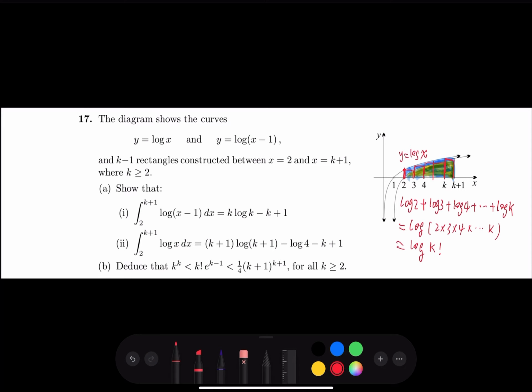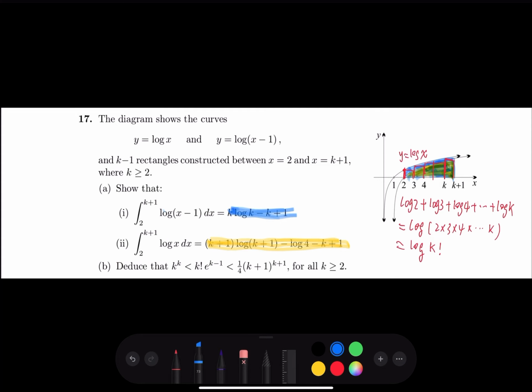I'm going to highlight them: the yellow is the last area here, and the blue one is here. The blue area is bigger than the red area, which is bigger than the yellow area. So I'm going to put all three areas into inequalities.